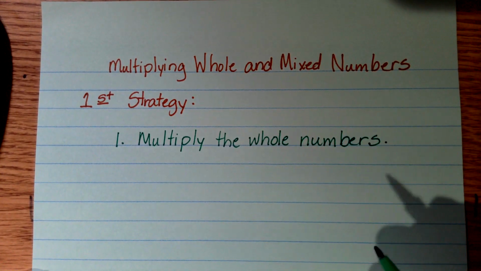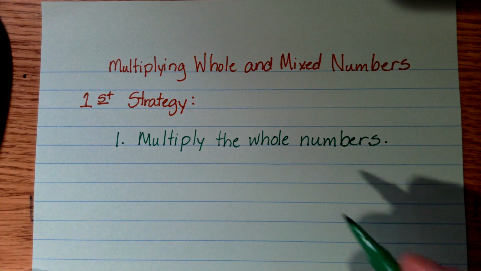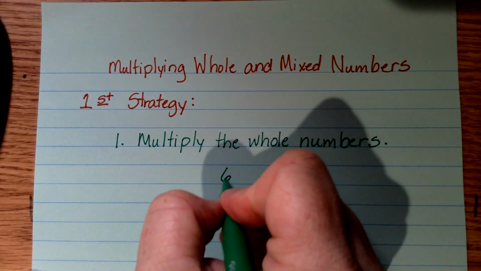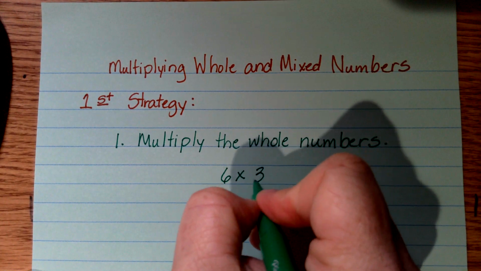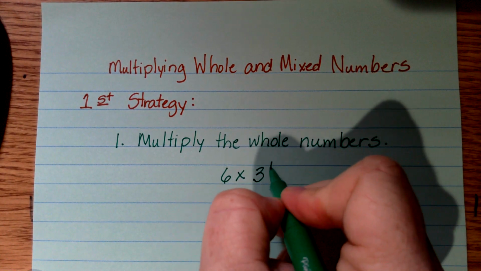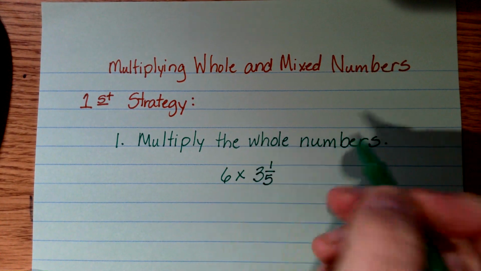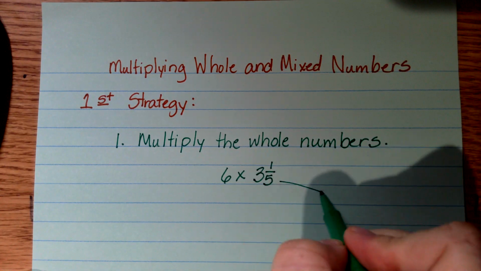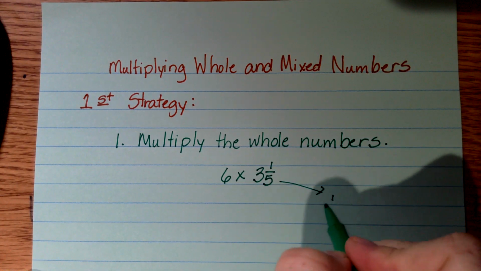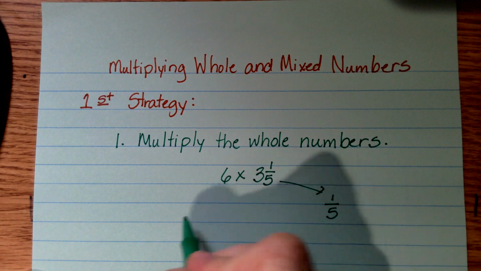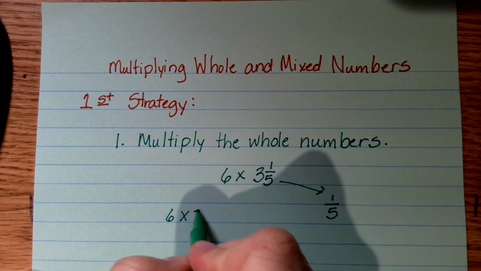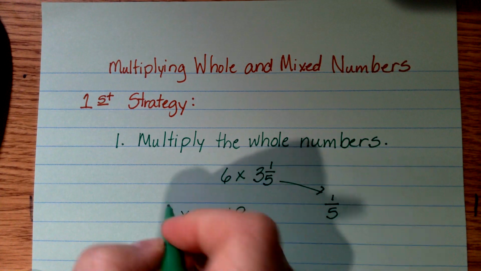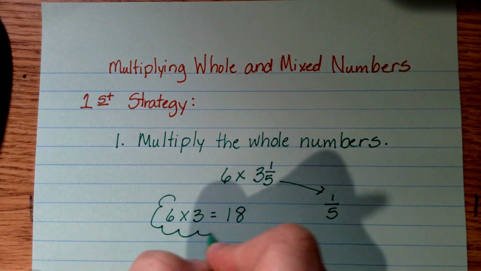All right, so if you have, I think the example was given 6 times 3 and 1/5. At this point, you would just move your 1/5 off to the side, because we will have to deal with that later. But 6 times 3 equals 18. So this is step 1.